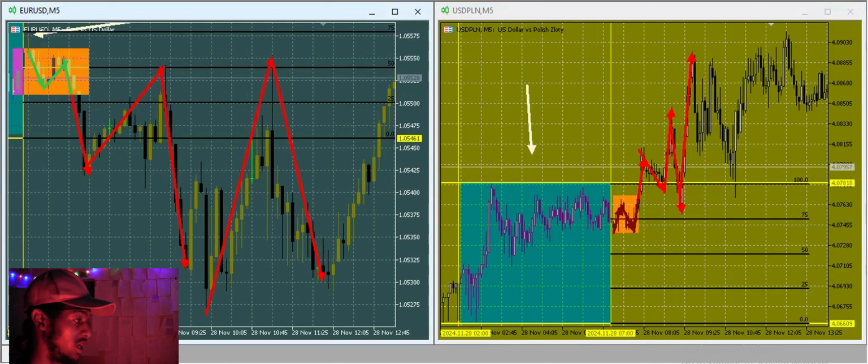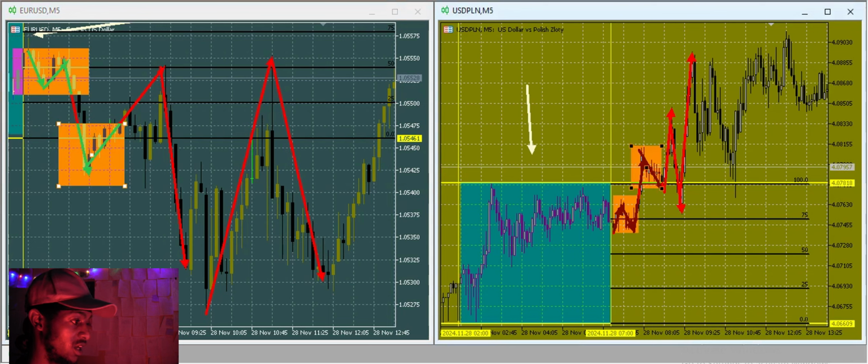Like we can see here, this one broke the Asian low, and the opposing correlated currency broke the Asian high. It retraced back into the Asian range. So did the Euro USD, and after retracing, it shot out again. So it broke the Asian low, sorry.